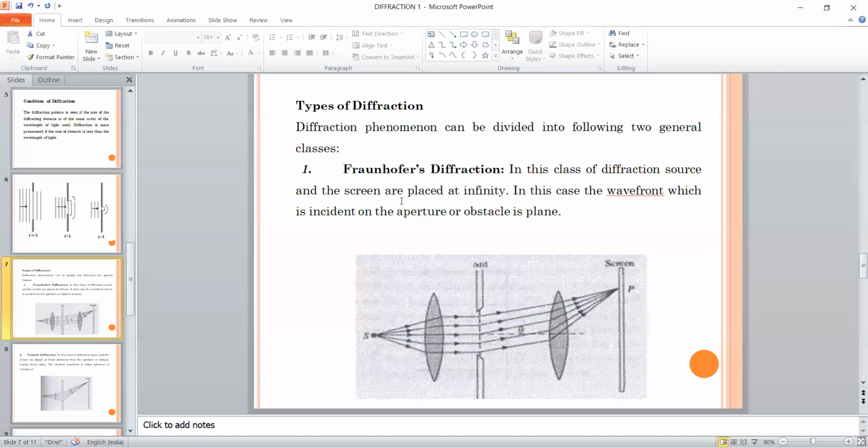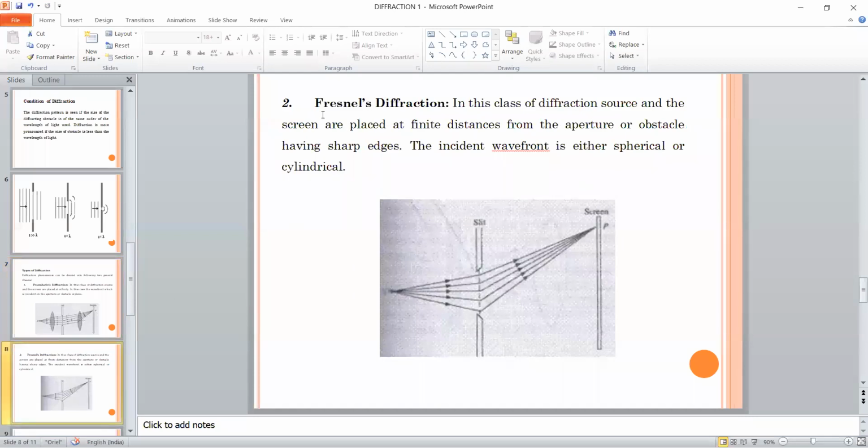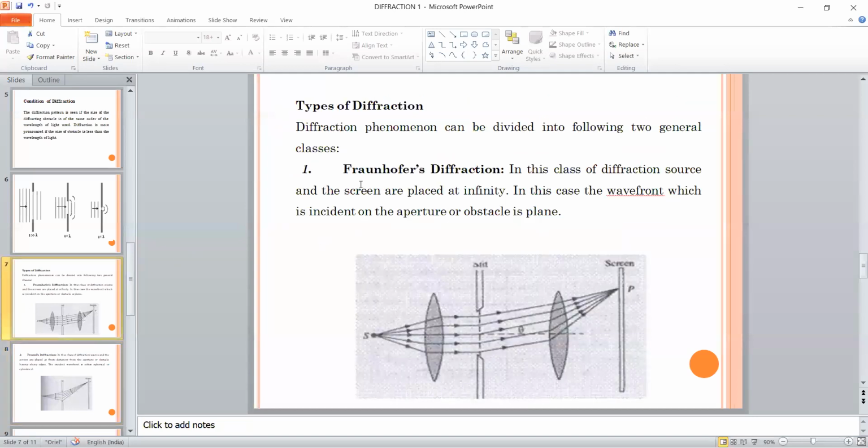The first diffraction phenomenon was demonstrated by Fresnel, so that's why this type of diffraction is called Fresnel diffraction. And next, Fraunhofer diffraction. The next scientist who demonstrated the diffraction phenomena was Fraunhofer, so that's why this type of diffraction is called Fraunhofer diffraction.